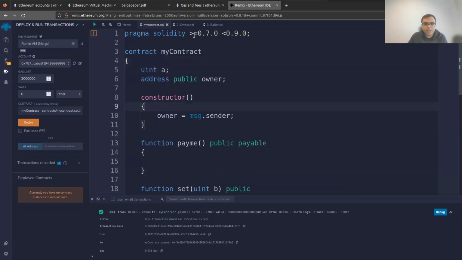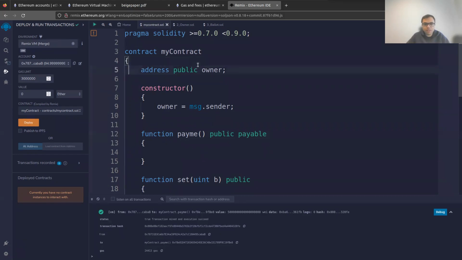Let's say I want to have a contract that has an owner, and let's say anyone can pay this contract, and only the owner can get the money back from the contract. So here's what I'm going to do. Let's just have the same thing as before. I don't care about this one.